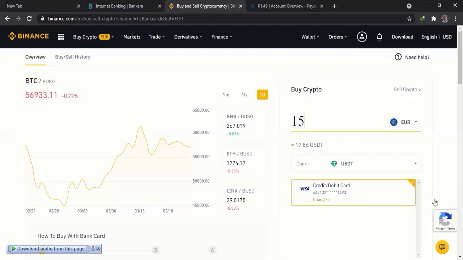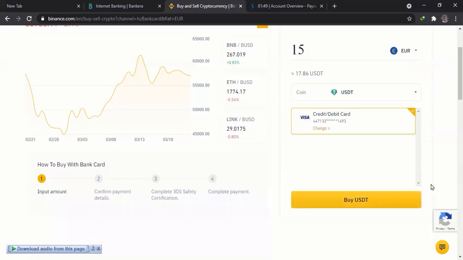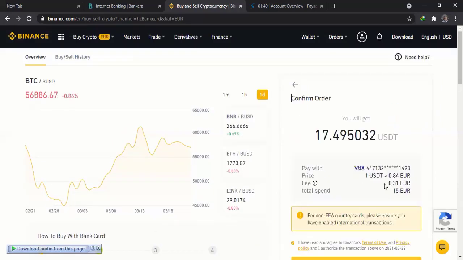Then if we click on the buy USDT, USDT is Tether, by the way, so I hope we've made ourselves clear. When you factor in the price and the commission, one Tether is priced at 0.84 euros, and there's a fee of 0.31 euro. So altogether, you're going to get 17.495032 USDT. So this is if you're buying by card.